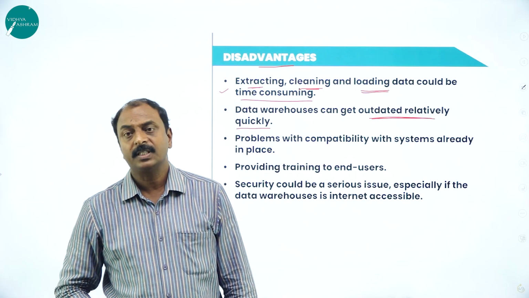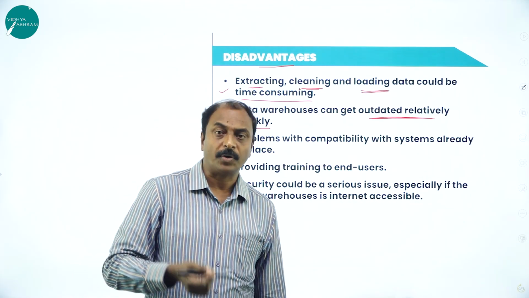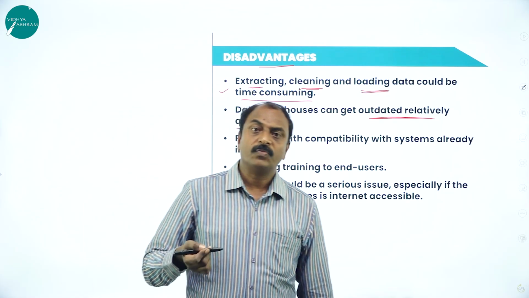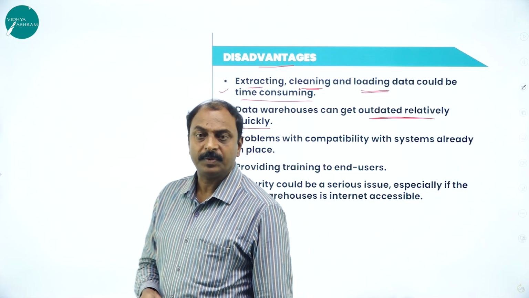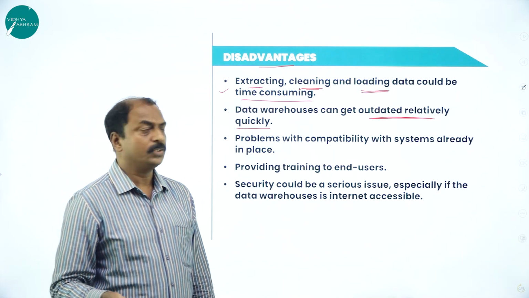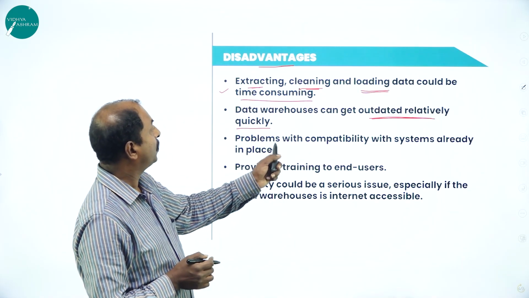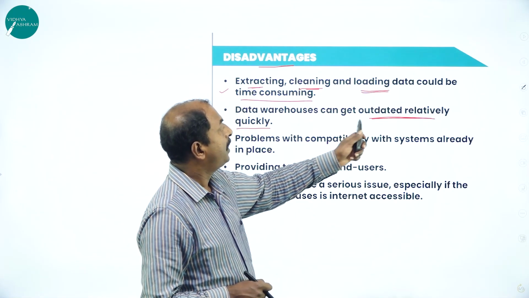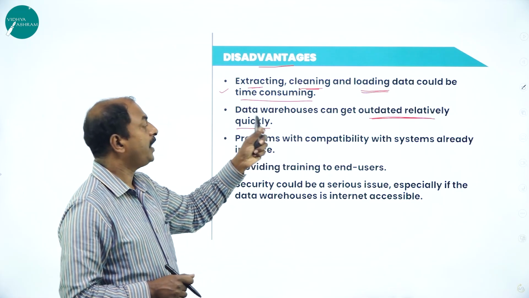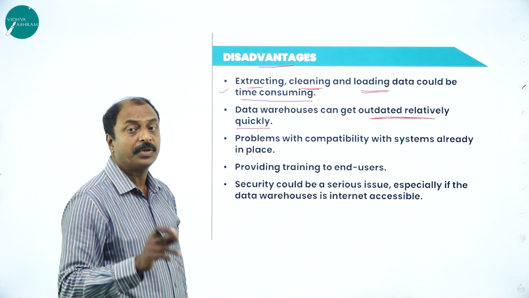What is the meaning of this? Suppose everybody is looking for one particular product, those products may not be available for the other users. Similarly, in the data warehouse, the data can become outdated relatively quickly, very fast.